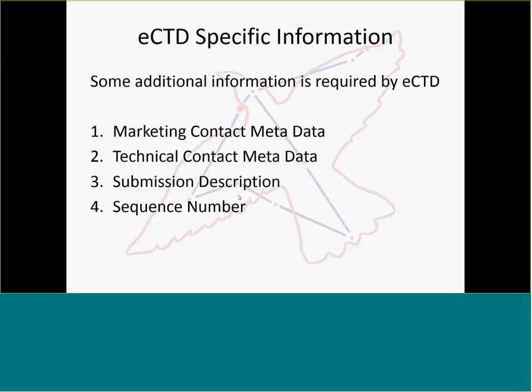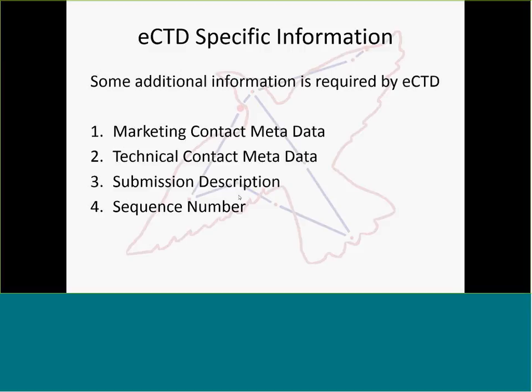They would be the ones answering any submission questions that have been asked. Then a submission description. This is essentially a free text field to give an overall description of your submission, and it's not just a promotional thing. This is required for all, or recommended for all, submission types.